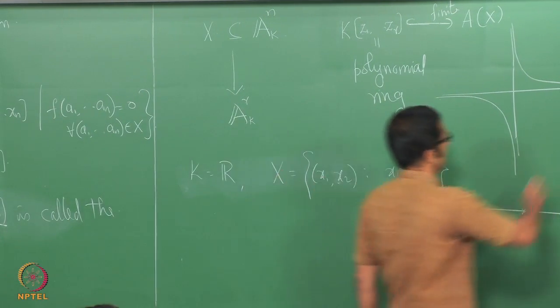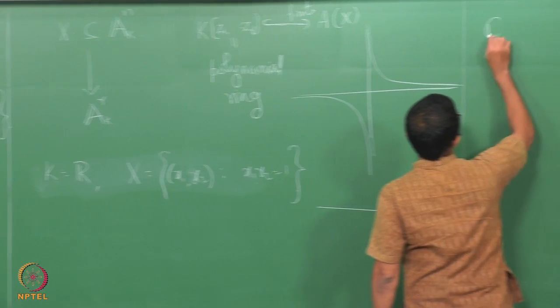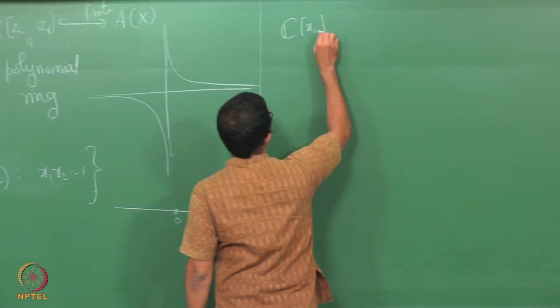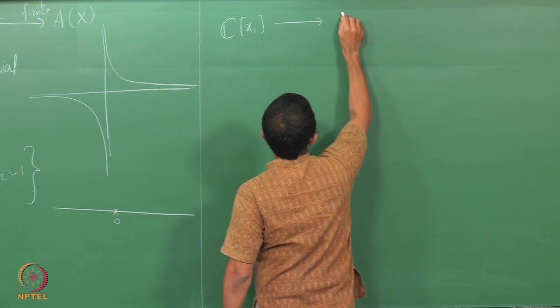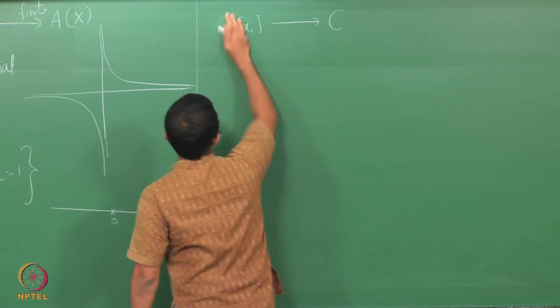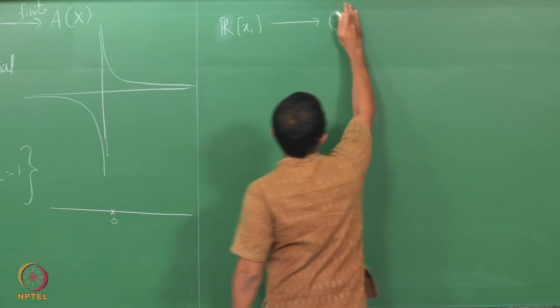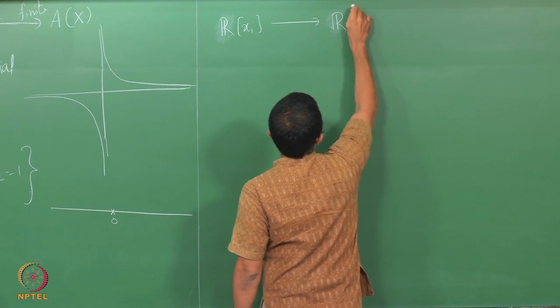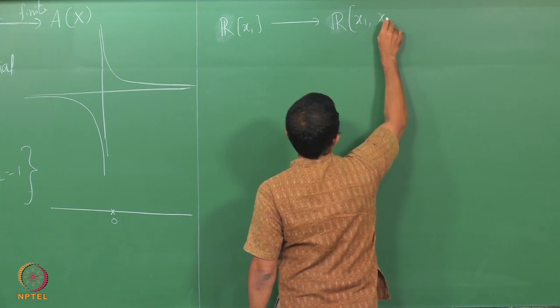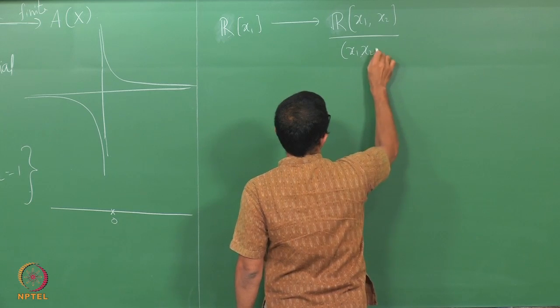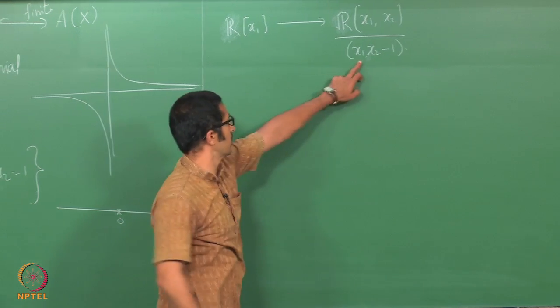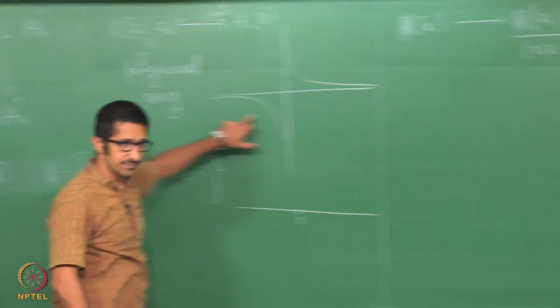Correspondingly, I have R[x1] mapping to R[x1, x2] modulo x1 x2 minus 1, this is the coordinate ring of this variety.